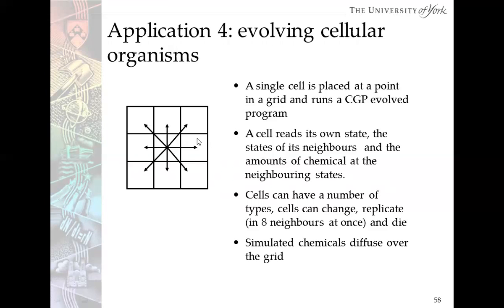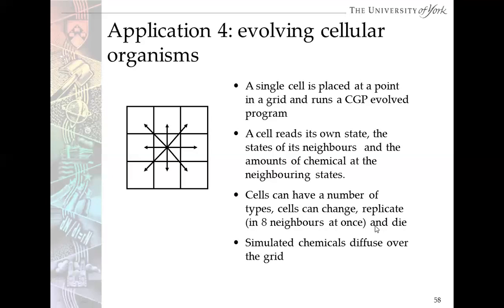So I've got simulated chemicals as well. And cells can have a number of types, which I depict by different colors. And cells can change their type. They can replicate. When they replicate, they can actually grow over all 8 neighbors at once, which is not biologically plausible, but it's a fine assumption for A-life.